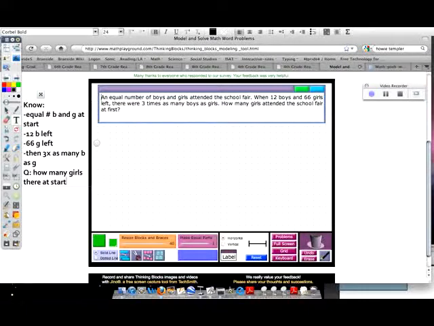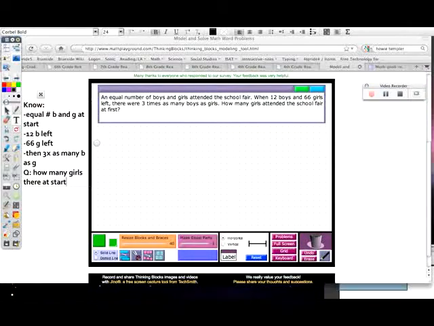The next step would be to make a table. Making a table for this problem is kind of tricky. In order to do that, you would have to think about, first you have the boys, and there's no really solid way to make a table here, but the boys and the girls start off with the same number, and then I'm going to say B minus 12 for one of the columns, and then girls minus 66.